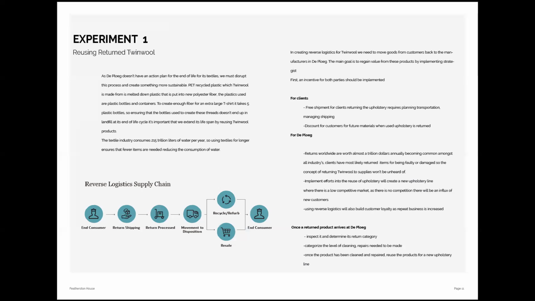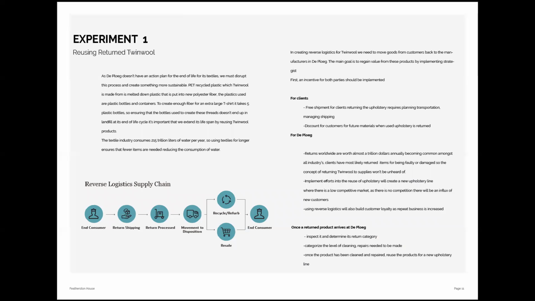To make a t-shirt, it takes 5 plastic bottles, so to make enough fabric for upholstery, I'm sure it takes a bit more than that. The textile industry at the moment consumes about 215 trillion litres of water per year, which is not great.